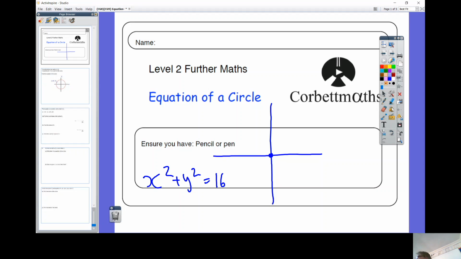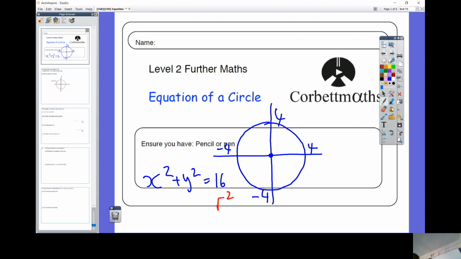So if you were asked to plot x squared plus y squared equals 16, you just draw the circle going through 4, 4, minus 4, minus 4, because the right-hand side is the radius squared. And that's all you need for IGCSE and GCSE.